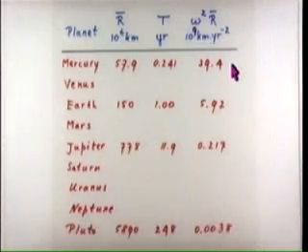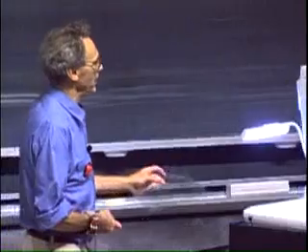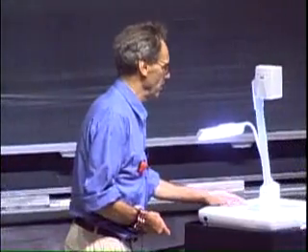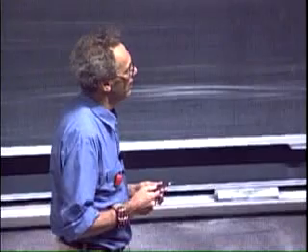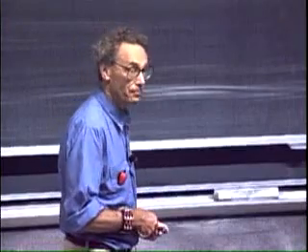So what I did was, I plotted this data, the centripetal acceleration versus the mean distance to the Sun, and I did that on log paper. And what is immediately very striking is that all these points, I've done them for all the planets, fall on a straight line.